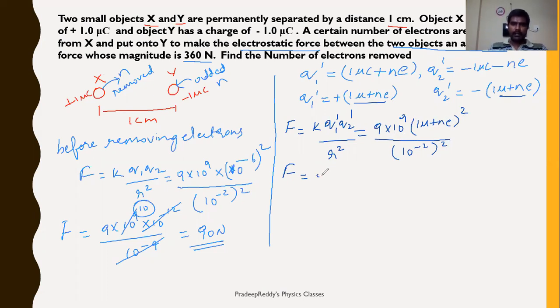It is 9 into 10 power 9 times 10 power minus 4 from here, and this 4 gets cancelled, so it will be 9 into 10 power 5 into 1 into 10 power minus 6 plus n into 1.6 into 10 power minus 19 coulomb whole square.